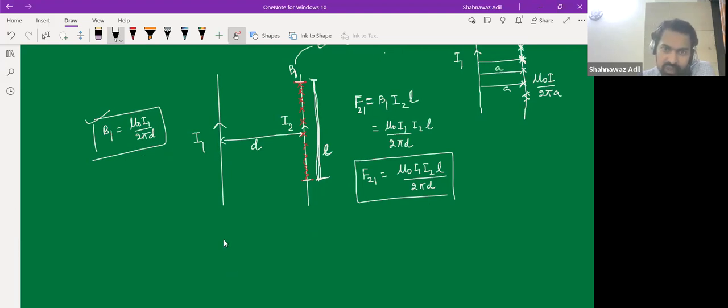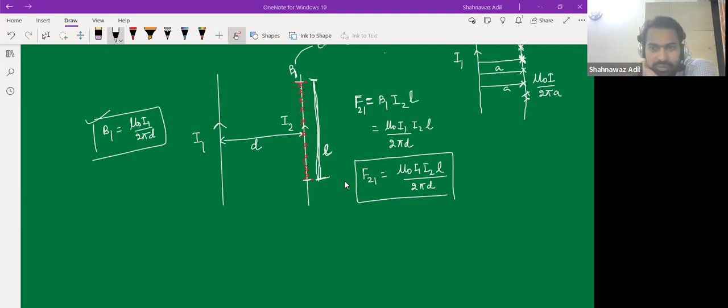Yes, sir. Okay. Now, who will tell me the direction of the force? Everyone think about the direction. Remember, direction is L cross B. So you can either use the IJK method, or the simple method that we can use is Maxwell's thumb.